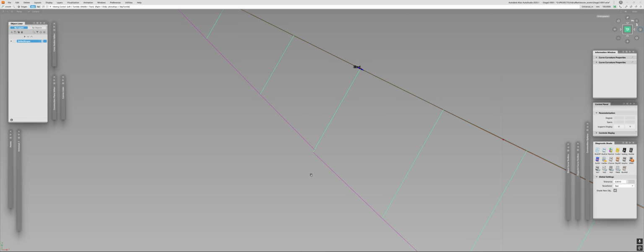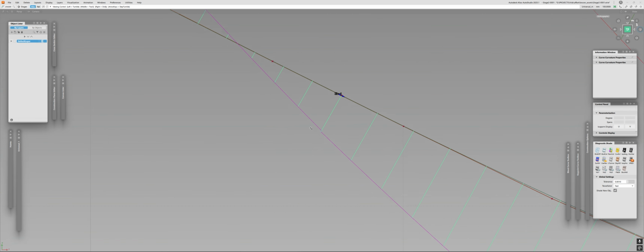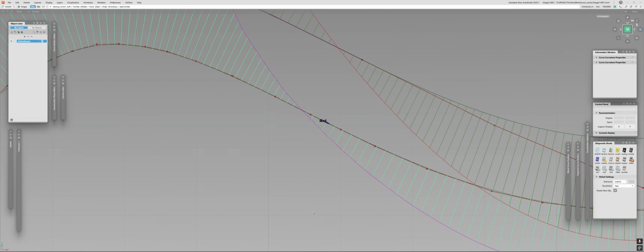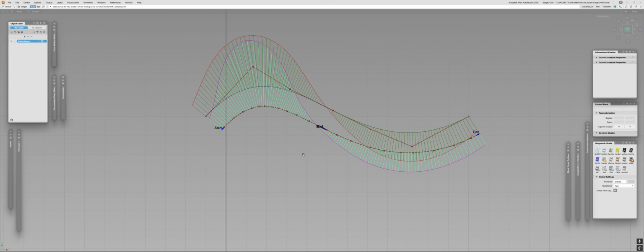So this is not a curvature connection anymore. And if I zoom even closer, I will see that it is actually failing on tangency. Now the angle is very, very small. It may be within my tolerance set and will not be an issue, but the curvature definitely will. So these two curves are not connected, not only in curvature, but we actually failed tangency as well.